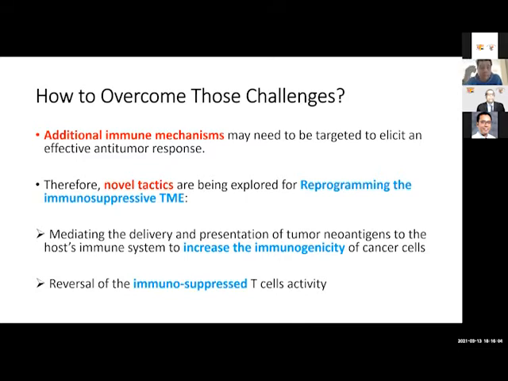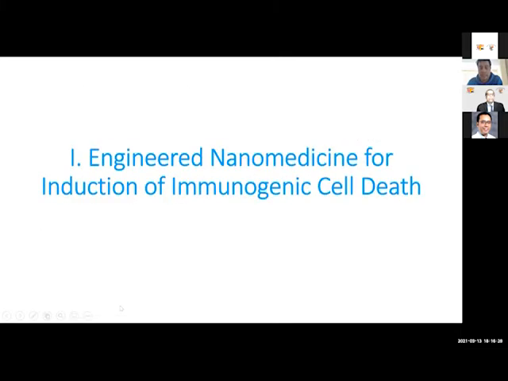Researchers think about novel tactics that can be explored for reprogramming of the immunosuppressive tumor microenvironment. So now the battle is not only against the cancer cells, it's actually against the other immunosuppressive cells in the tumor microenvironment: how to reverse this immunosuppressive function in order to reactivate the T cells again.